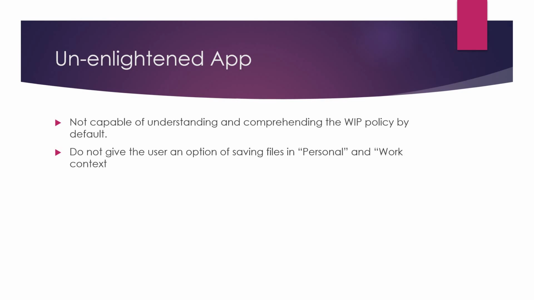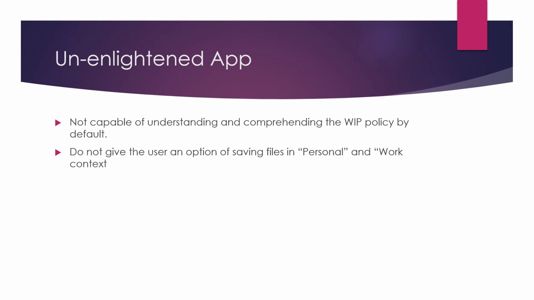However, the underlying factor which actually differentiates an enlightened app from an unenlightened app is that an unenlightened app is not going to give a user an option of saving a file in personal context as well as in work context. So by default, let me just clarify this a little.